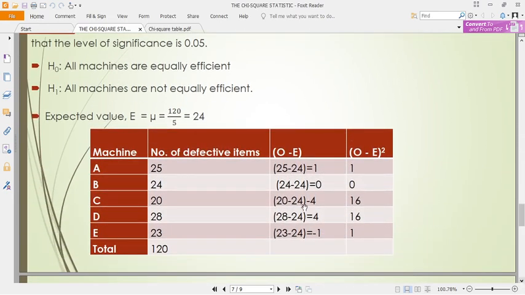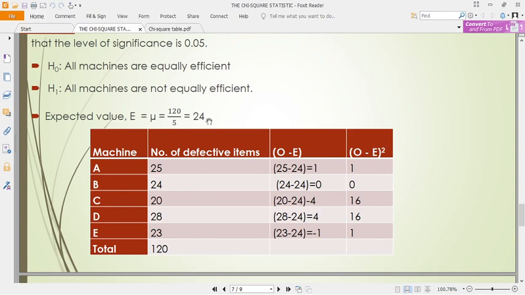So our expected value E will be the total number of defectives divided by the number of machines. Under normal circumstances, since we are looking at a situation where machines are equally efficient, we are expecting each of them to have the same number of defective items. So we divide by the number of machines, giving us 24.